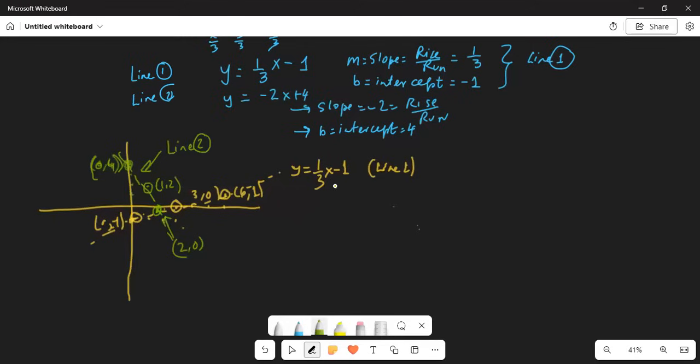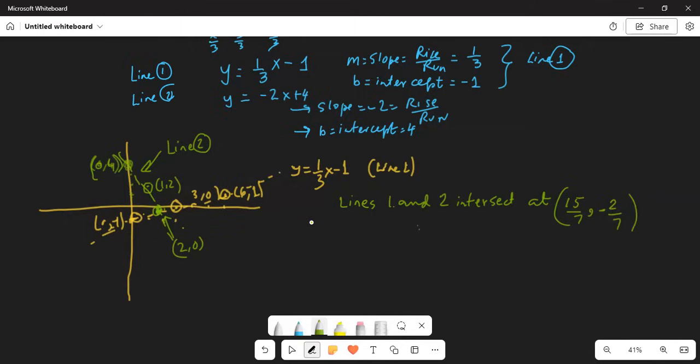Remember, lines 1 and 2 intersect at 15/7, which is slightly more than 2, and -2/7, which is slightly below the x-axis, which is this point over here. Now the question is, we have to satisfy both the inequalities.